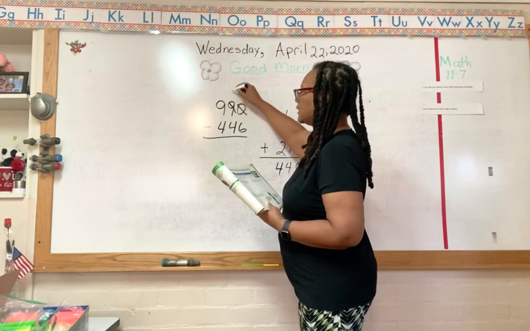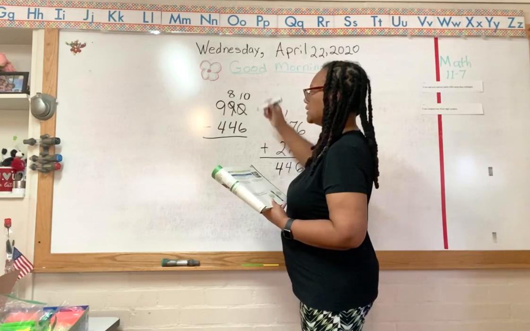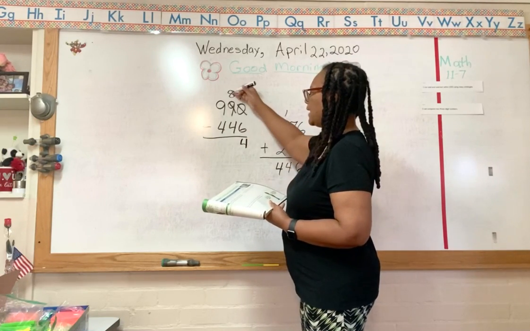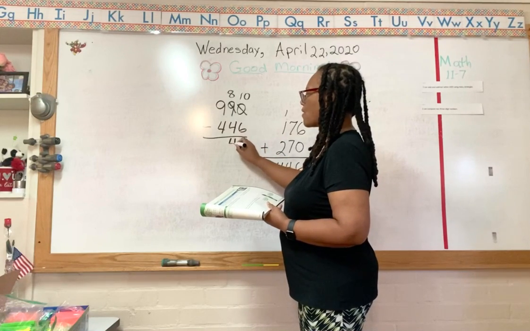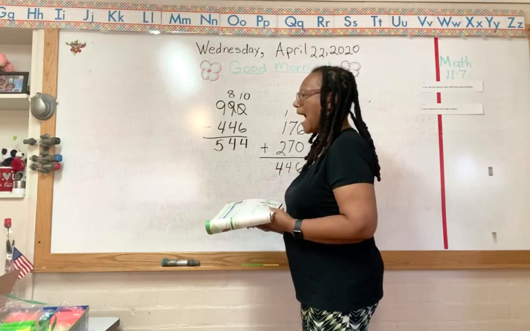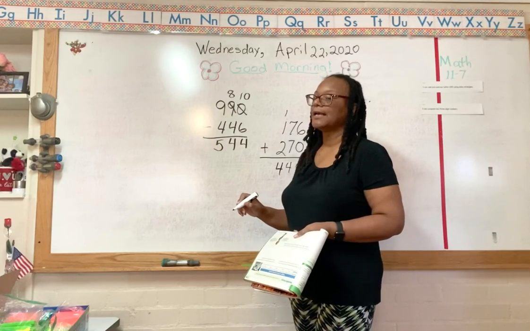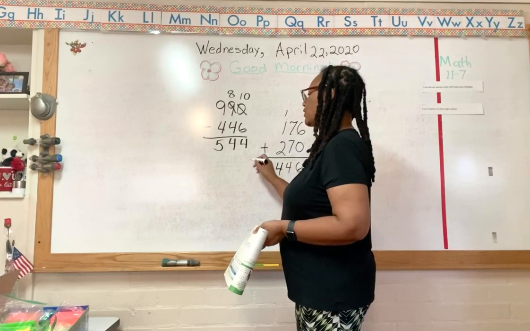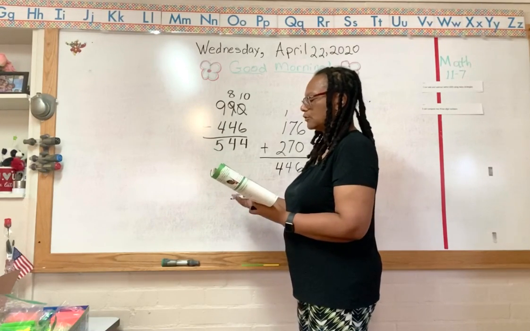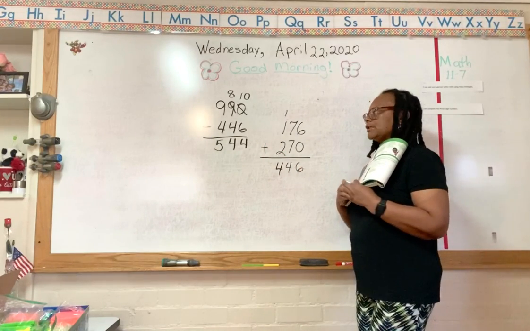So let's get one of these and change it into 10 ones. 10 minus 6 is 4. 8 minus 4 is 4. 9 minus 4 is 5. Wow, 544 more pounds. He is still heavier than 2 of the other animals put together. So, show your work. Go ahead if you need to copy that.